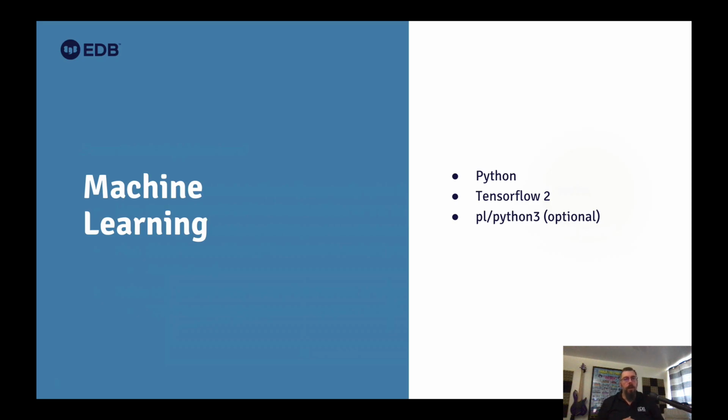So, this talk is primarily about machine learning, specifically deep learning, the way that we can apply a particular technique using neural networks to help us understand and better manage the capacity of our systems. We're going to be using Python throughout the talk, specifically the TensorFlow 2 library.